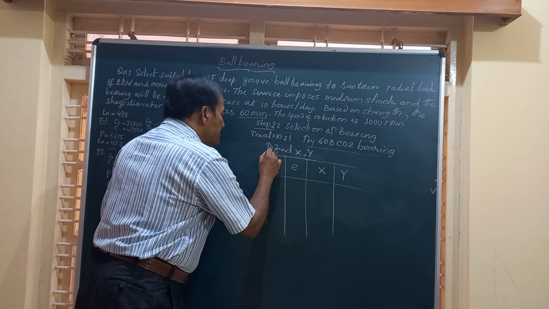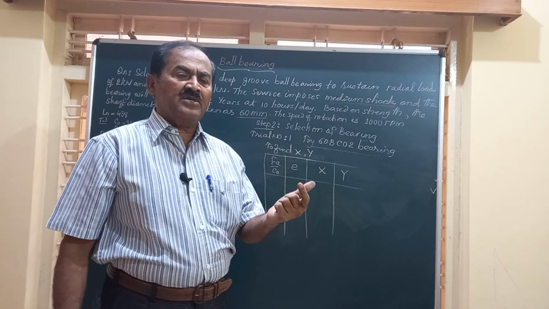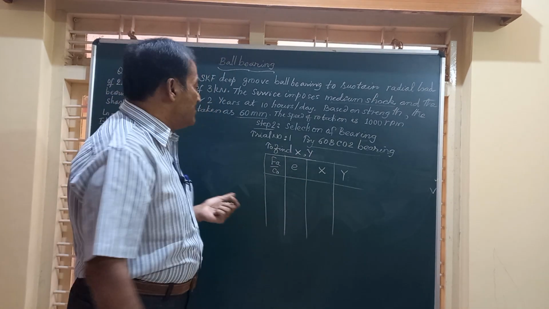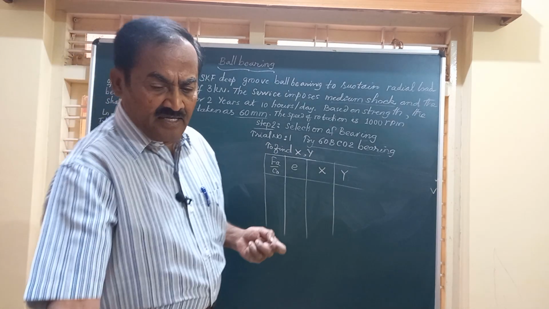So we have to find out FA over C0. We know FA, and C0 we have taken from the table.